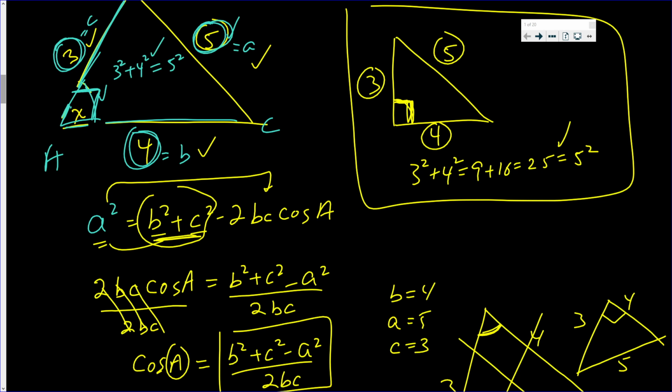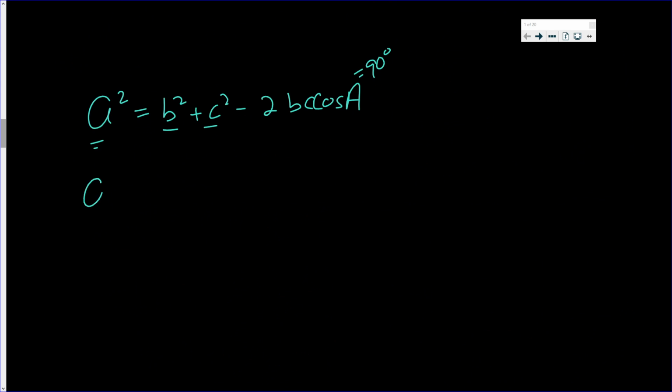Now, what I would like to do is talk about that a little bit more. We know, for example, that a squared is equal to b squared plus c squared minus 2bc times the cosine of big A. Well, if big A is 90 degrees, we get a squared equals b squared plus c squared minus 2 times b times c times the cosine of 90 degrees, which is 0.